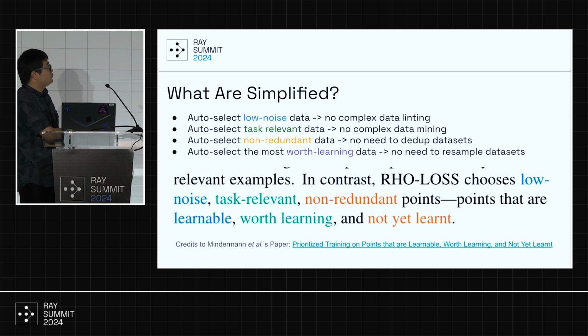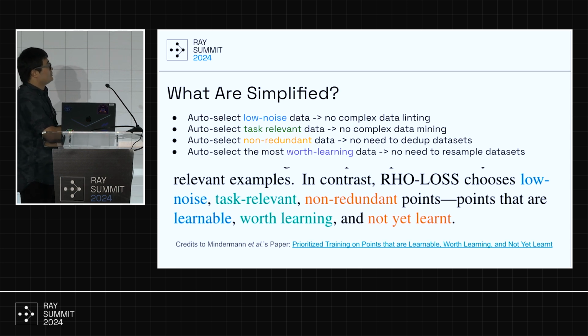It means that if we are able to select low noise data, then actually we don't need to do much denoising, so we don't need to design very complex data linting. It should also be able to select task relevant data, so we probably don't need to do too much complex data mining of different scenarios to make sure it's task relevant.